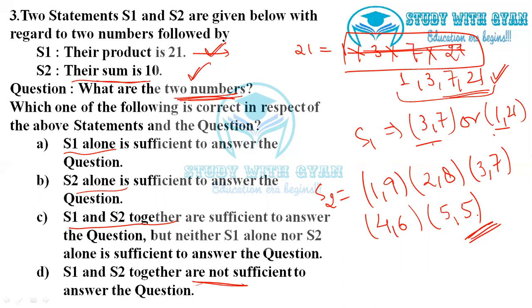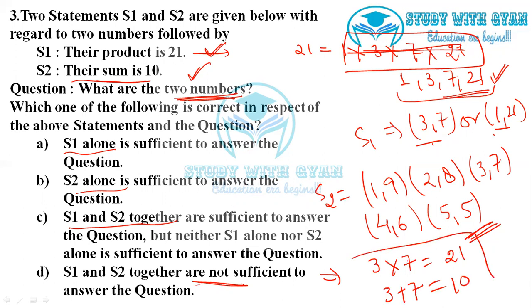But if we merge statement 1 and 2 together, if we read both statements together, we can see the required two numbers with product 21 and sum 10 will be like this. This is a unique combination from statement 1 and statement 2.